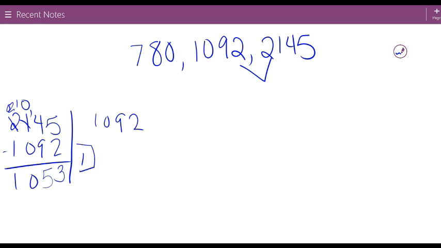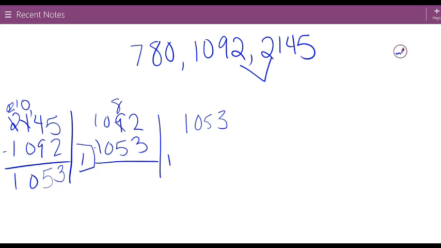That's smaller than 1,092, so we're going to bring it over here. 1,053. You can only fit 1. Subtract. We get 39. Come over here.